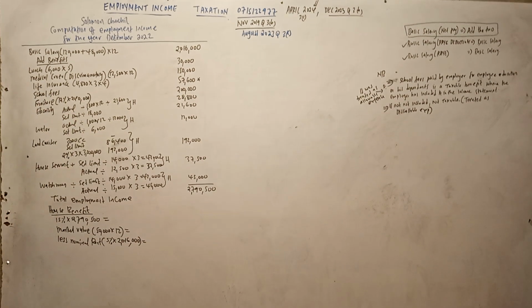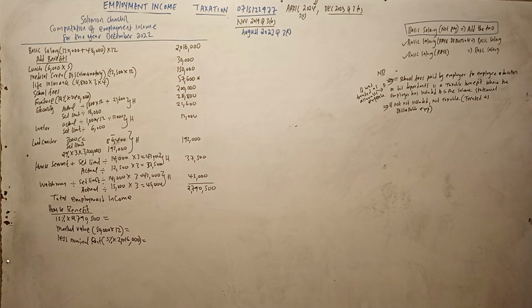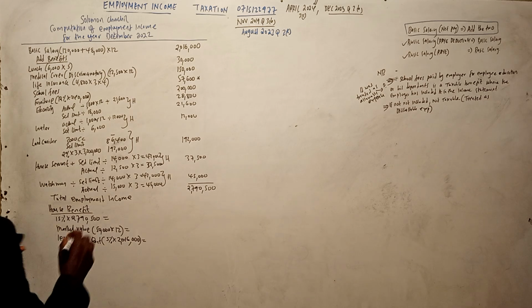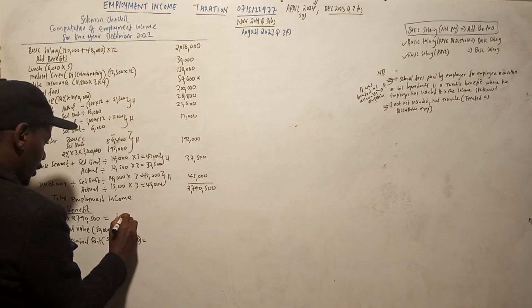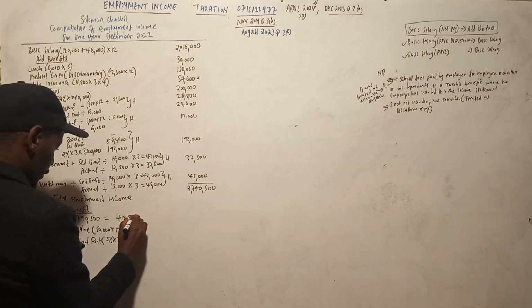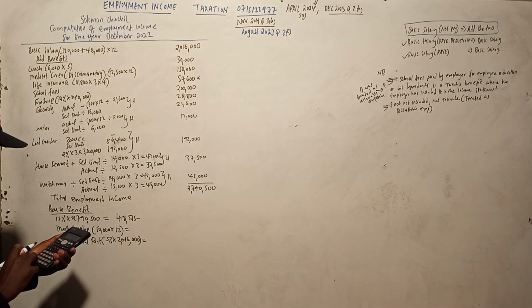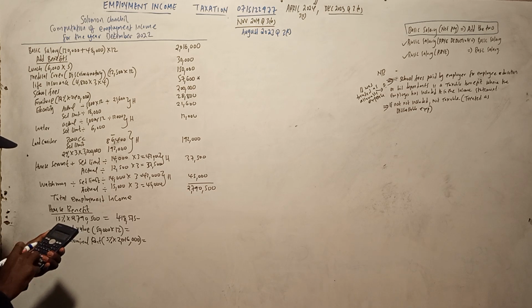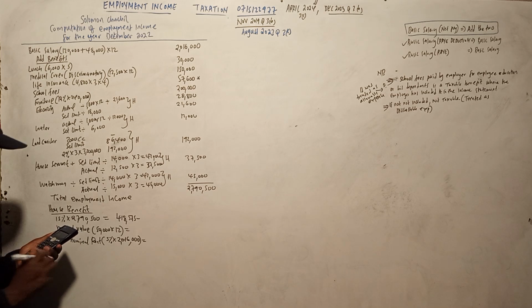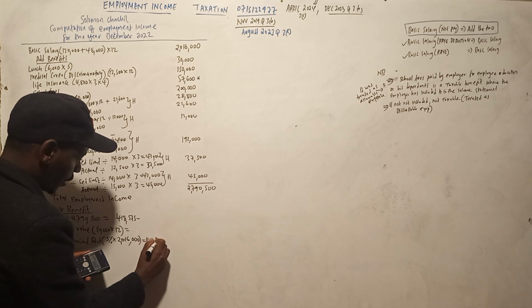Once we have that figure, we can say it is 0.15 times 2,790,500, which is 418,575. Remember, we less the nominal rent, 0.05 times 2,016,000. So nominal rent is 100,800.